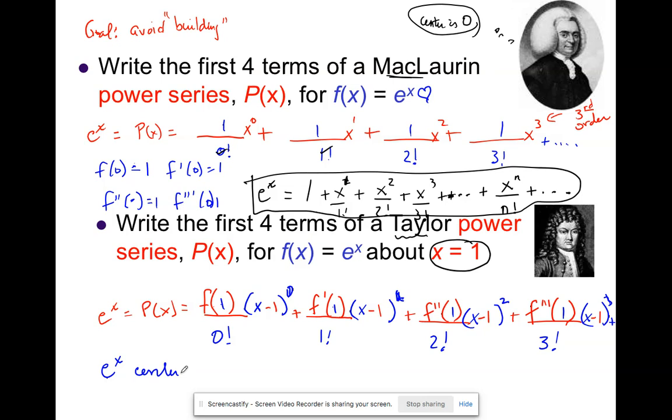E to the x shifted over is f of 1. What's f of 1?